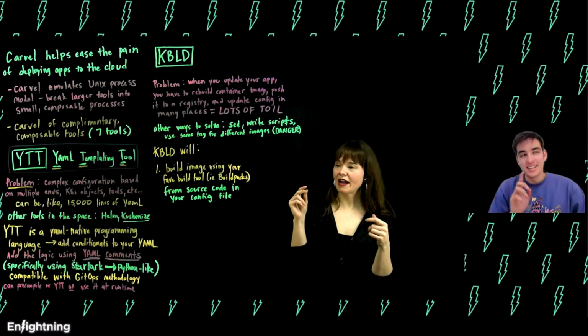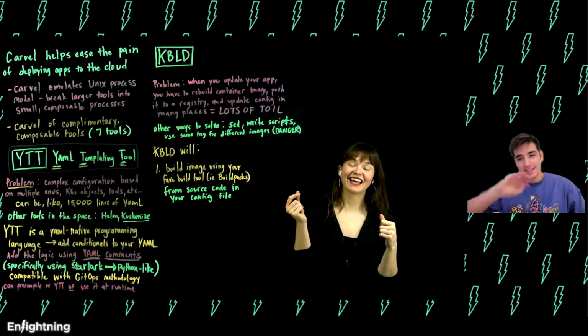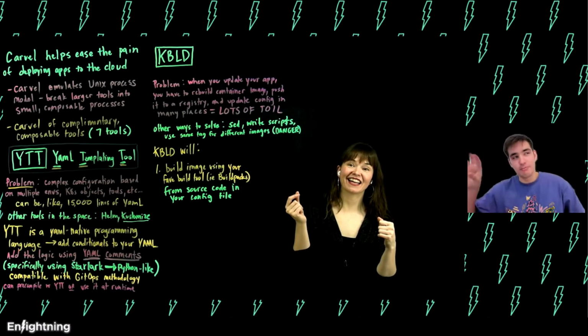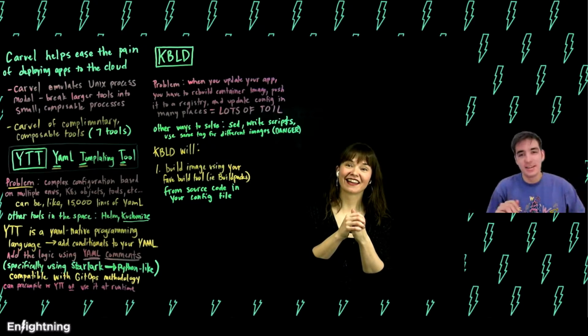Yeah. And that is confusing because that's part of the problem as well, right? The second part of the problem is once you have your artifact, how do you get your deployment configs updated, right?